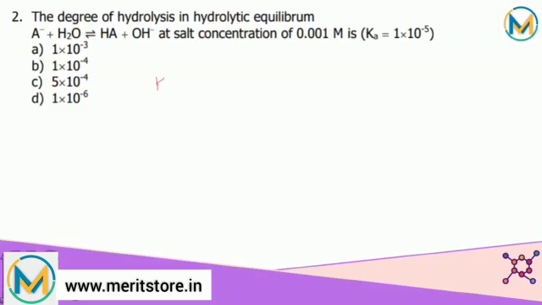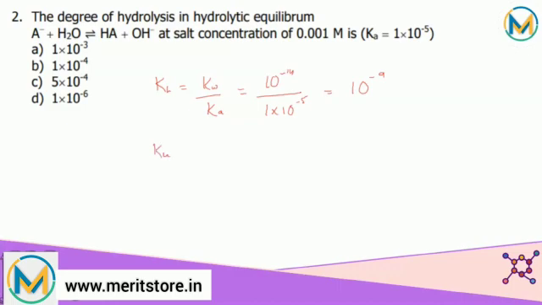So we know that Kh is equal to Kw, that is ionic constant, upon Ka. We know that Kw is equal to 10 raised to minus 14, which is fixed, and Ka given in the question is 1 into 10 raised to minus 5. So from here we get that Kh is equal to 10 raised to minus 9.